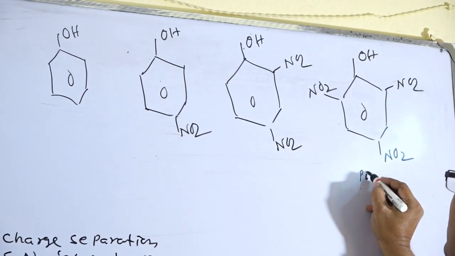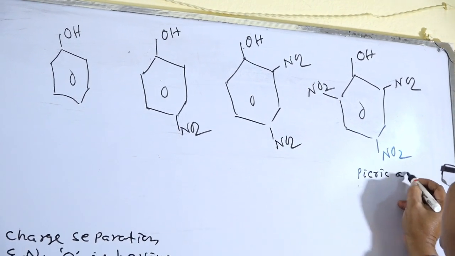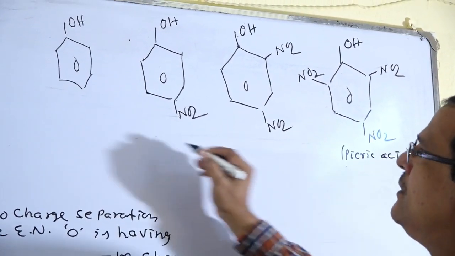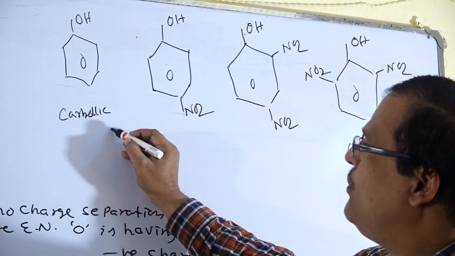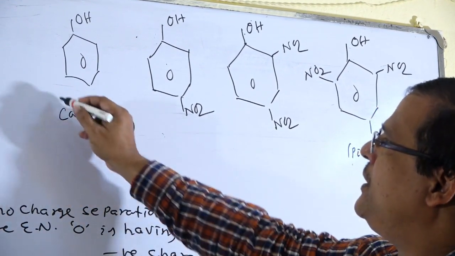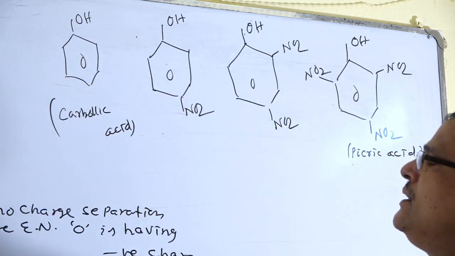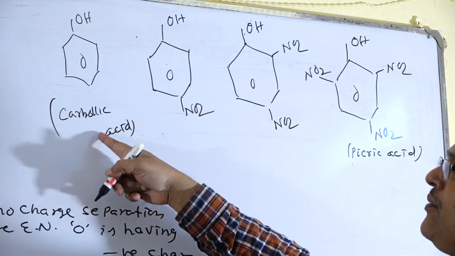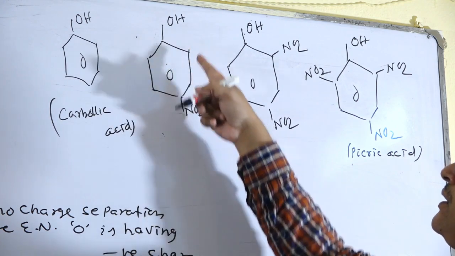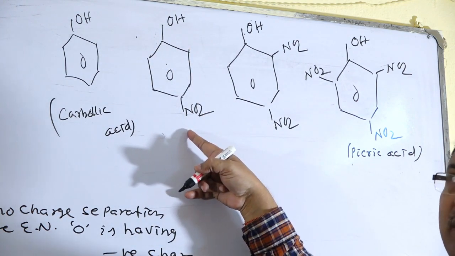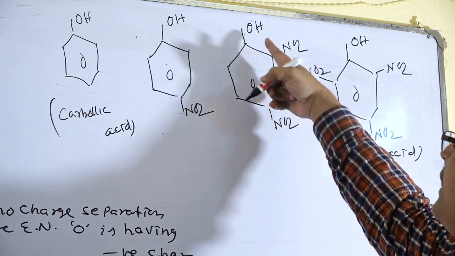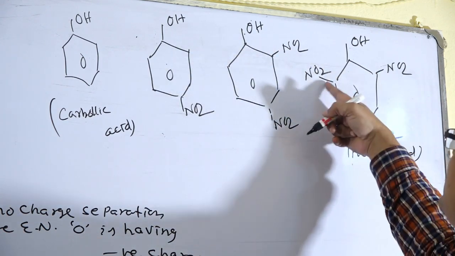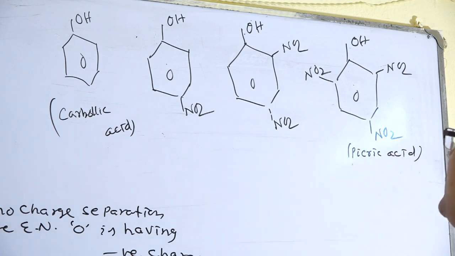This is your picric acid, this is your carbolic acid. Phenol is otherwise known as carbolic acid; phenol that contains one NO2 group at the para position is nitrophenol, then 2,4-dinitrophenol, and 2,4,6-trinitrophenol, otherwise known as picric acid.